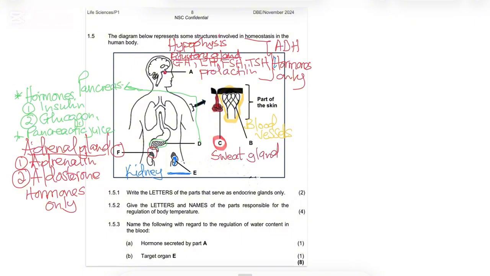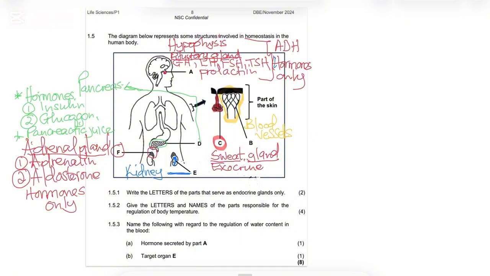Now we're talking about a gland, but this gland is producing sweat, which is not a hormone. So this disqualifies it from being an endocrine gland, and it becomes an exocrine gland.